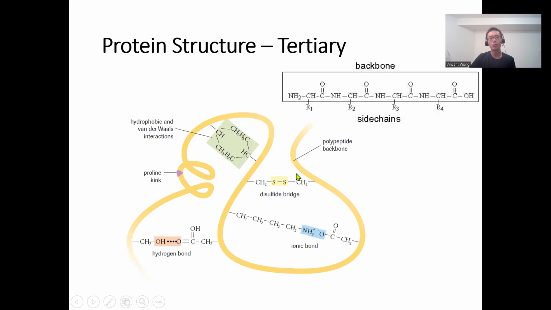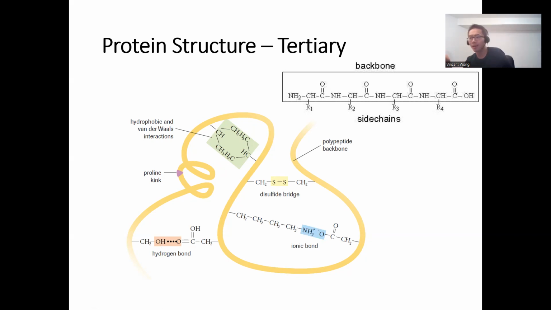You do not have to memorize these interactions, but you should know that the interaction of the side chains will stabilize the tertiary structure. You might have some hydrophobic parts coming together, some ionic bonds and hydrogen bonds and whatnot. So that forms the tertiary structure.